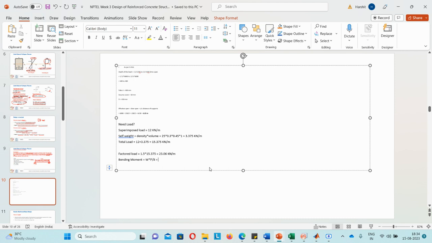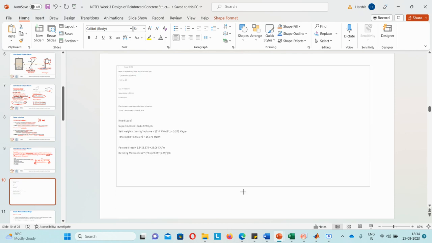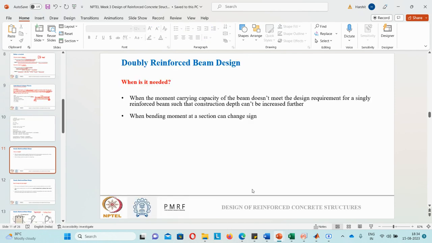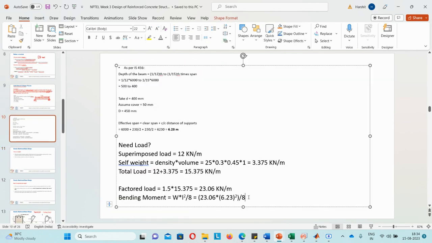So we know all the values. It will be 23.06 times 6.23 square upon 8. So everyone is clear with how we calculate the bending moment?